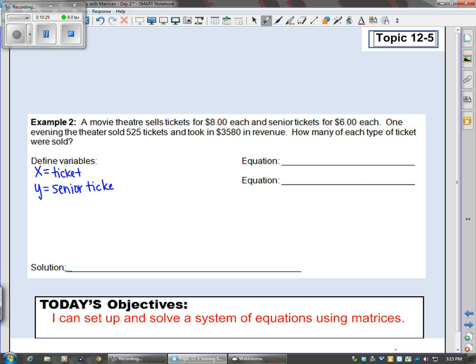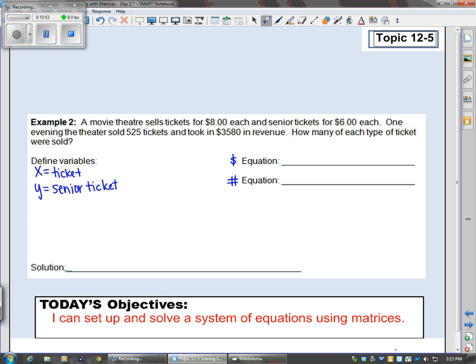Okay, now this one's not quite as straightforward as the other one. You might start doing an 8 and 6 and that kind of stuff, okay? That's fine, but let's look at what we have. We have something that talks about the amount of money that was made, and we have something that talks about the number of tickets that were sold.